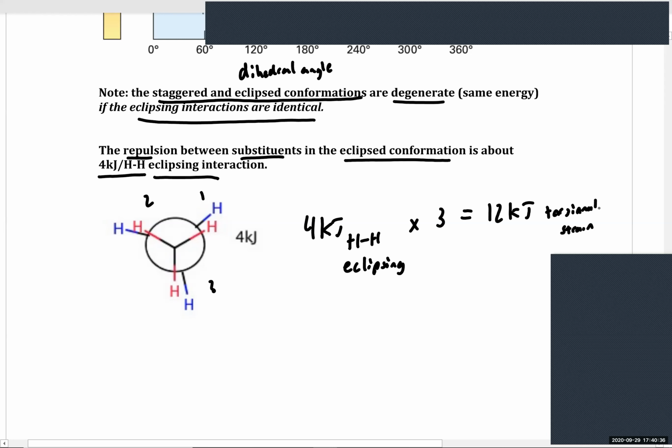And you're going to need to know these values, because understanding and quantifying torsional strain allows you to compare the energy of different conformations and assign the lowest energy conformation.